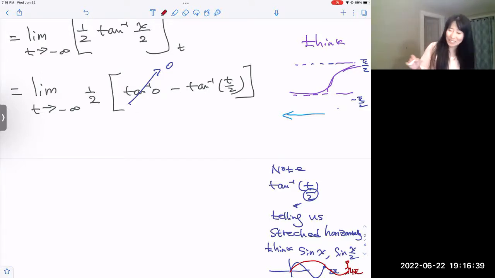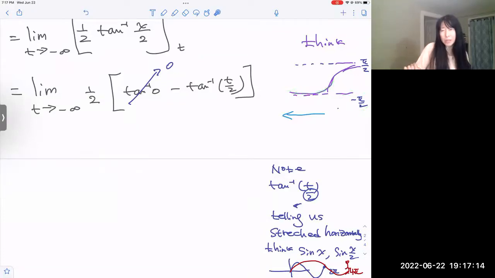Let's talk about this one more time. As we go to negative infinity, what is the arctangent? We're following the graph, right? I said there is a horizontal asymptote. As t goes to negative infinity, it gets close to negative pi over 2, but never crosses.